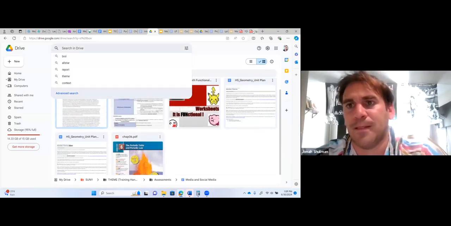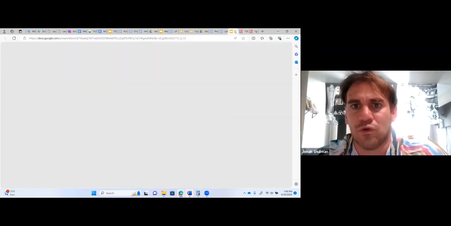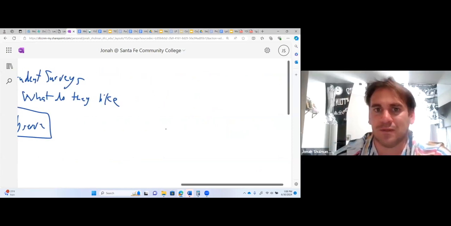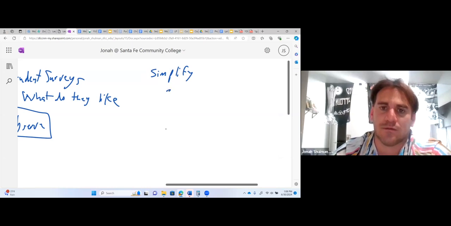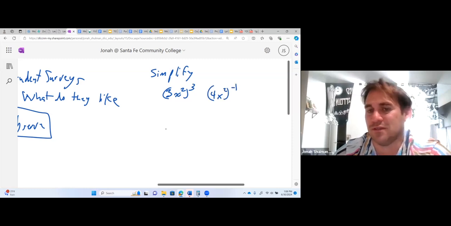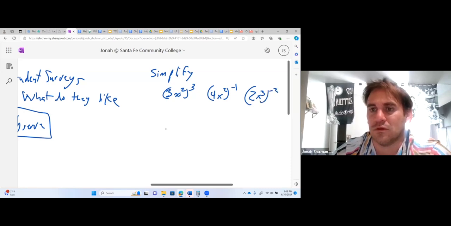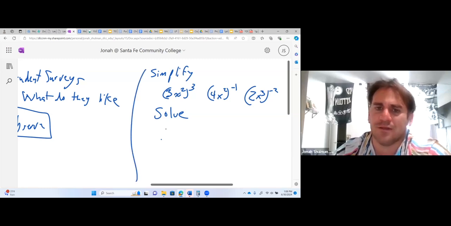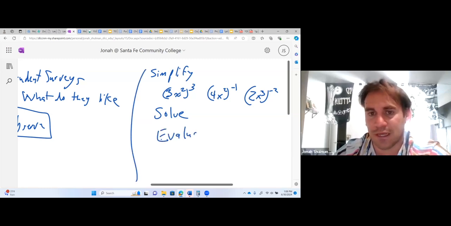So a lot of times we just get this. It says simplify, and you just get a bunch of stuff like this. Like every regular math piece, or you see the word solve, or simplify, solve, evaluate, and that's all you get, right?